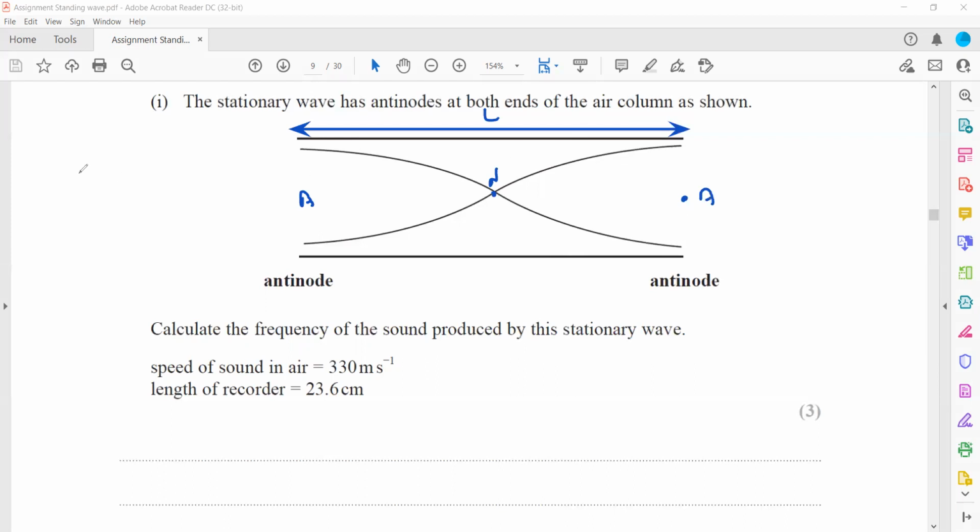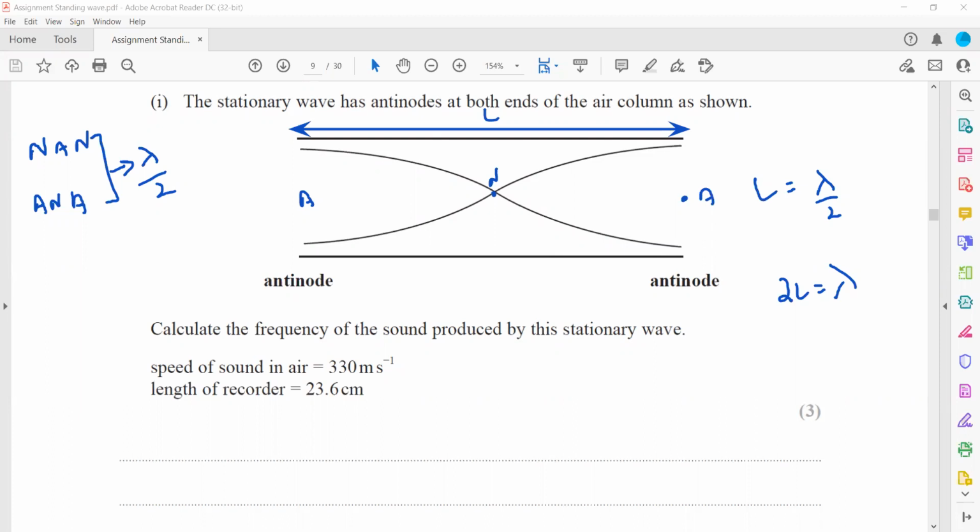We have discussed that the distance between two successive nodes or two successive antinodes is half of the wavelength. So this length is half of the wavelength. L equals lambda by 2, or 2L equals lambda. So basically the wavelength is twice this length.